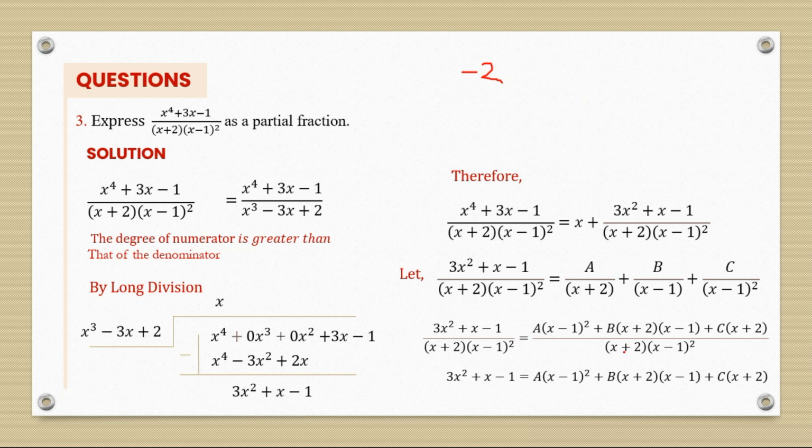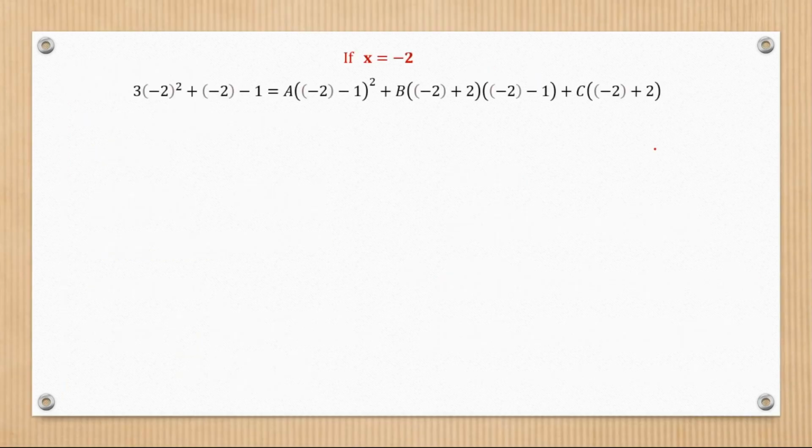If we want to find the value of C, we let x be equal to positive 1. Either of those will help us. If we let x be equal to negative 2, we shall have 9A equal to 9, so A shall be equal to positive 1.